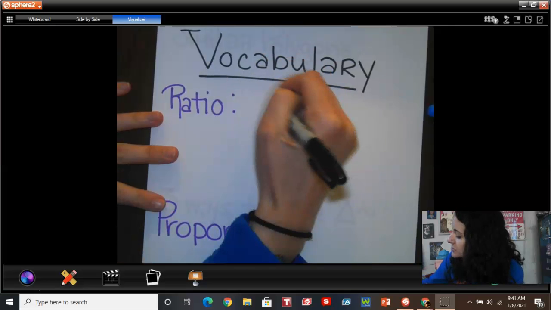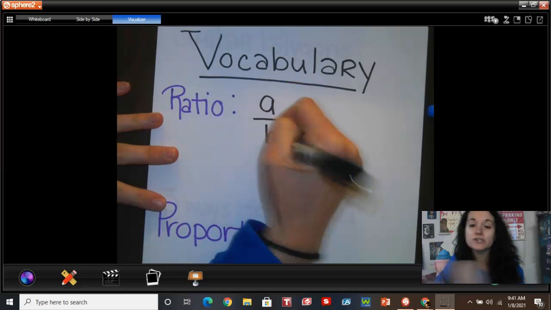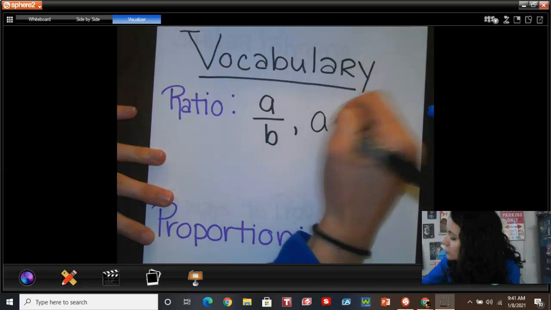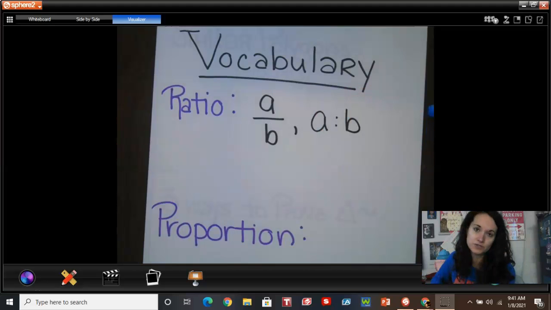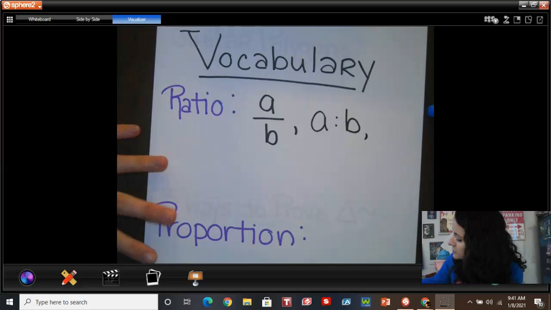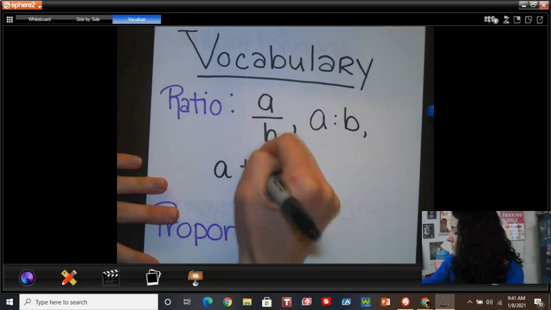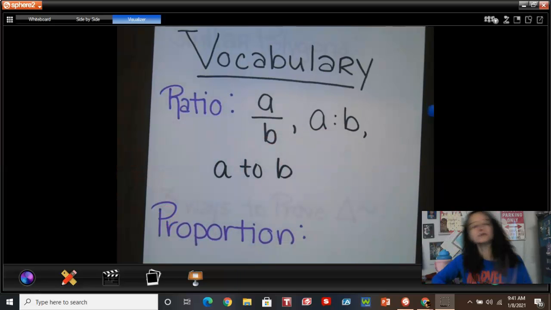So you can think of a ratio as A over B. Remember, a ratio can also be written as A colon B. That is also another way to write a comparison of two or more numbers. And it can also be written in sentence format, so we could say A to B, right? These are all examples of a ratio. And again, your vocab word here is that it is a comparison of quantities. Okay, you're just showing a relationship between two quantities.